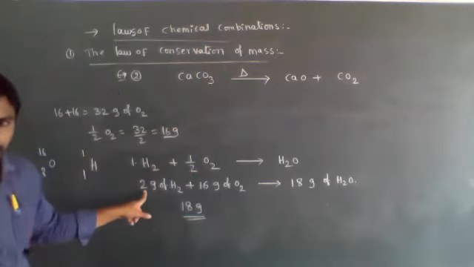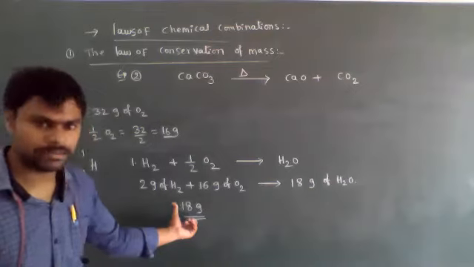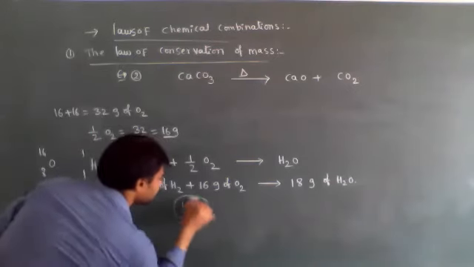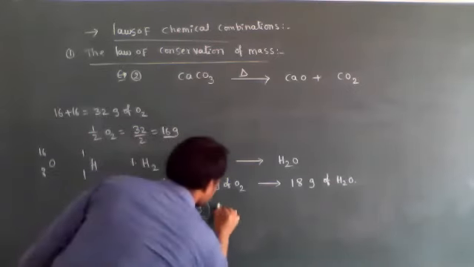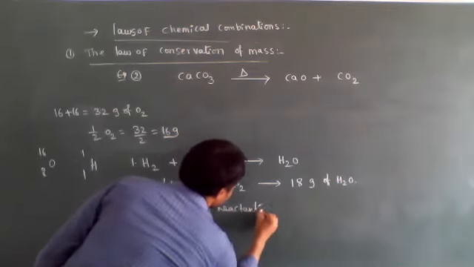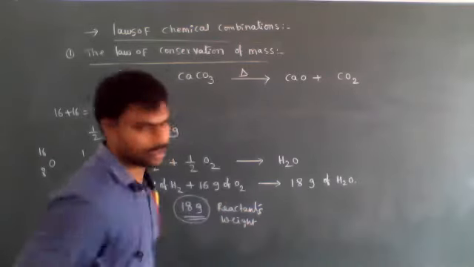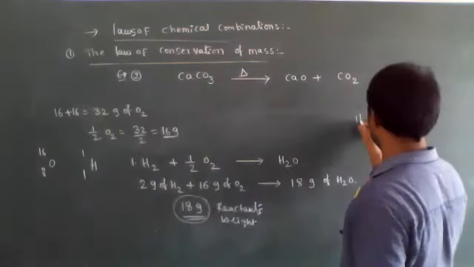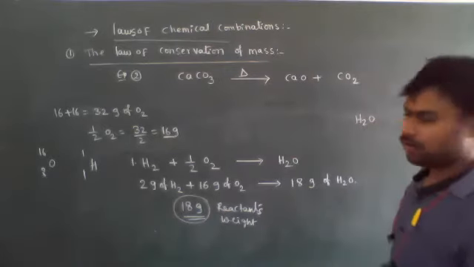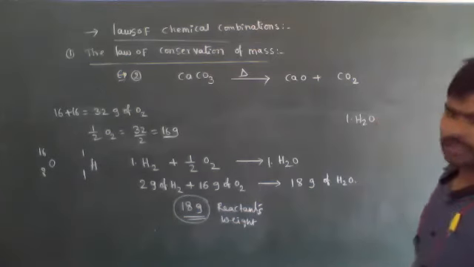That's why 2 grams of H2 plus 16 grams of O2, they are combined. Total how much weight of reactant? 18 grams. Reactants weight. Okay. Now H2O. What is the H2O? 1 mole only forms, 1 mole of H2O weight.